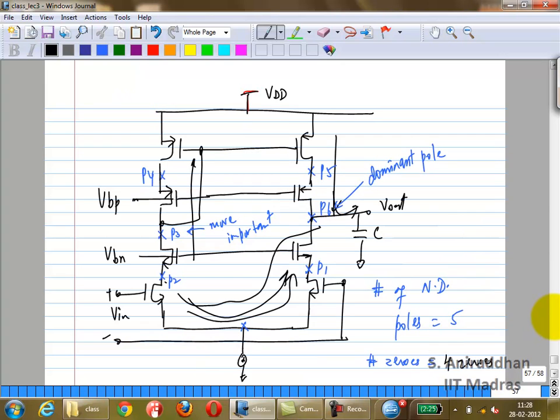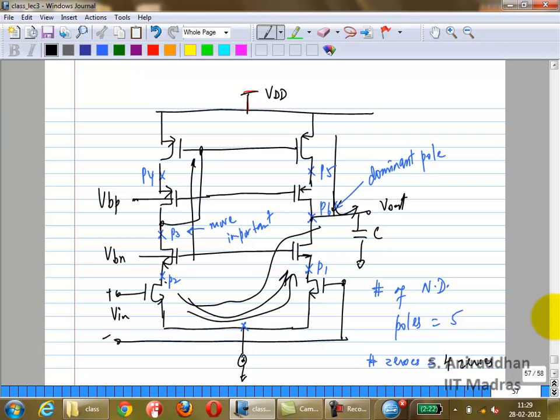Why are P1 and P2 the same? GMs are the same. You're right. They will mostly be the same, but remember that the impedance at the drains are not the same. So in reality, in a practical case, they will be slightly different.